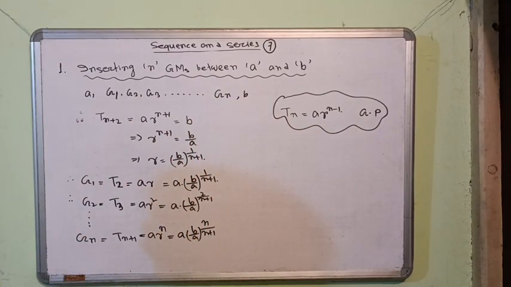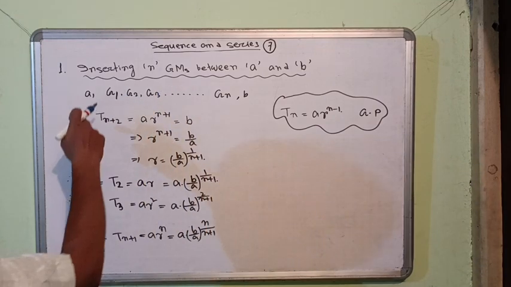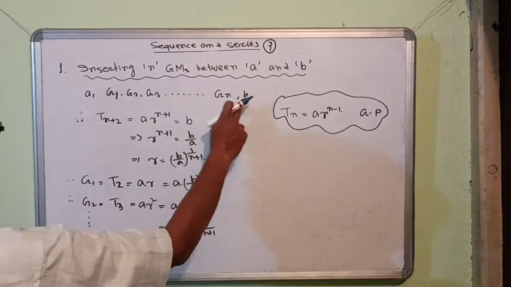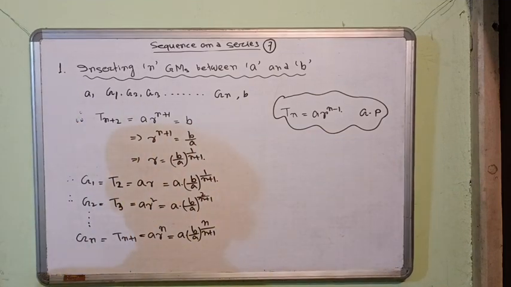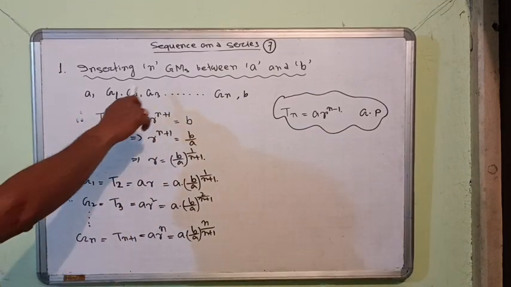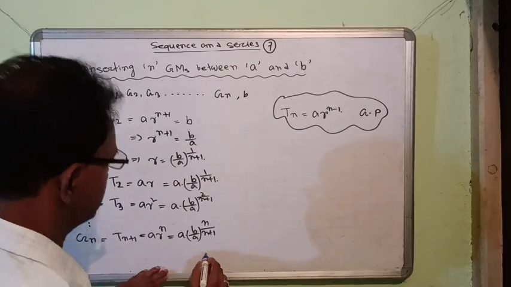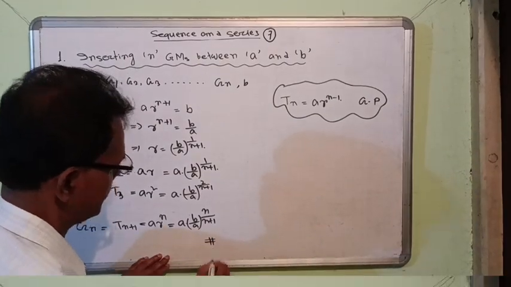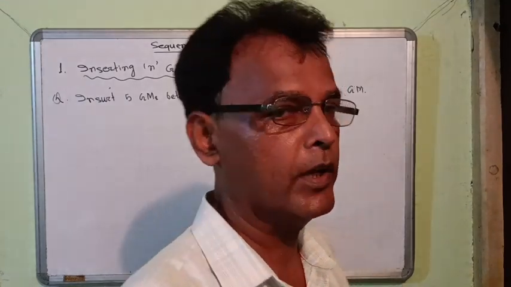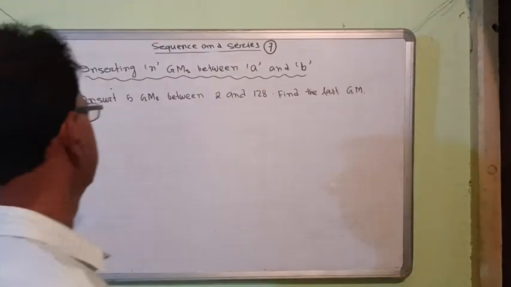With this we can find the GMs between A and B. That is inserting n GMs in between A and B. That is the theory.